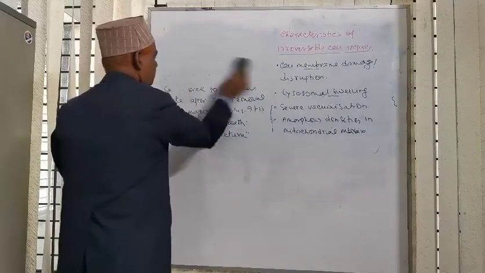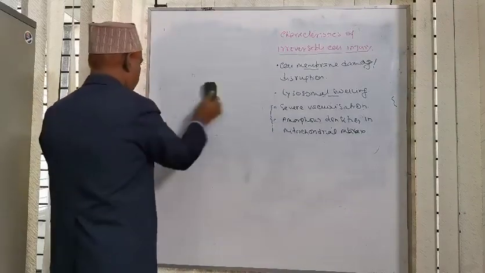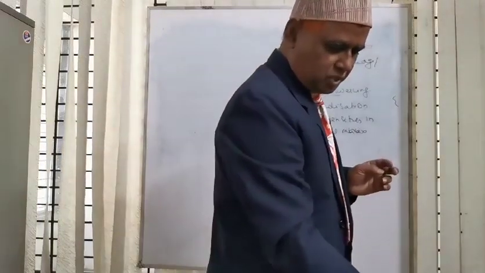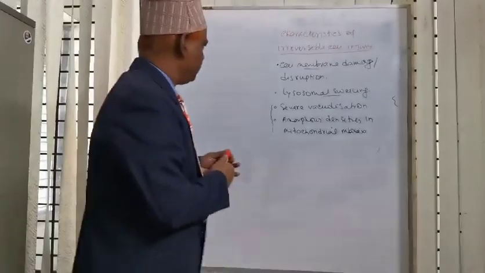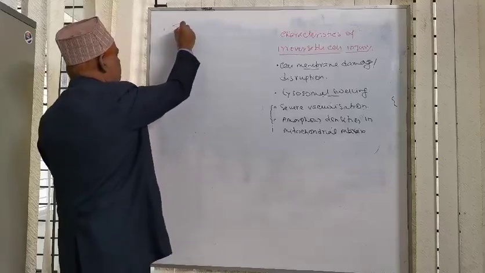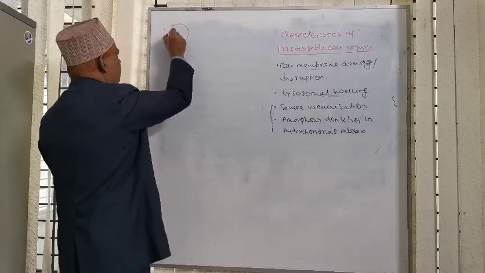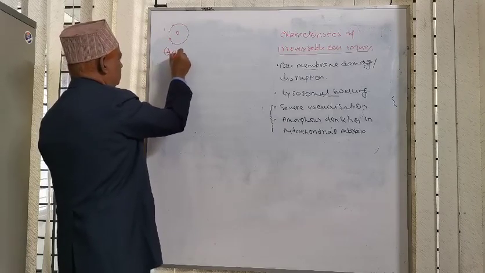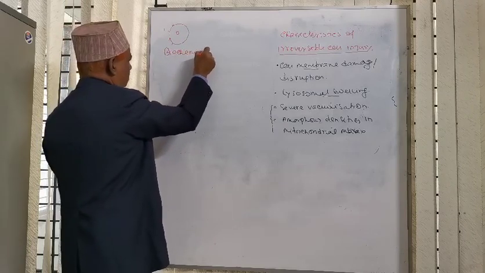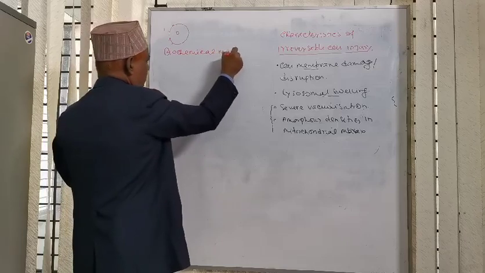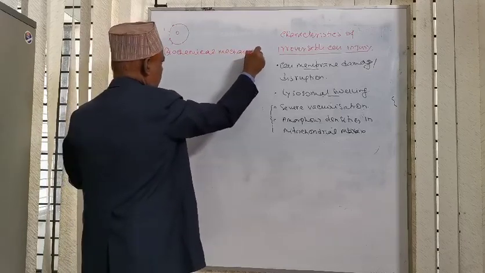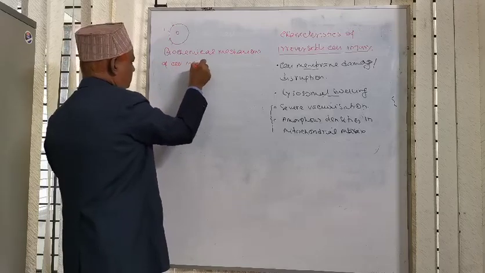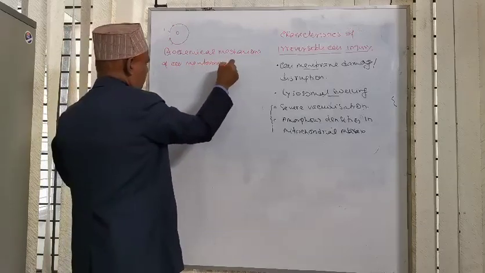Now come to the biochemical mechanisms of cell membrane damage. So this is the cell, this is the nucleus, and the membrane undergoes damage.